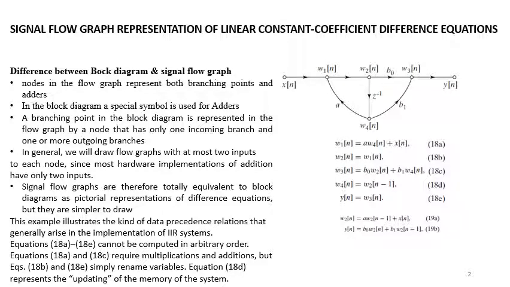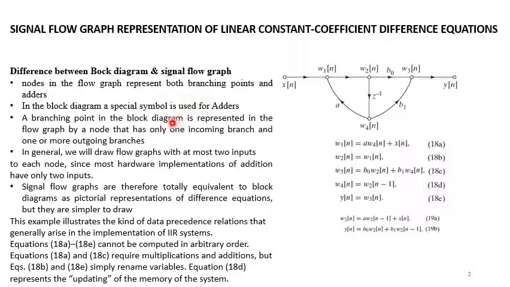From the previous lecture you understand that both the block diagram representation and the signal flow graph representation of the LTI system are pictorial representations. If we compare the block diagram and signal flow graph, we see that nodes in the flow graph represent both branching points and adders, whereas in the block diagram a special symbol is used for adders.